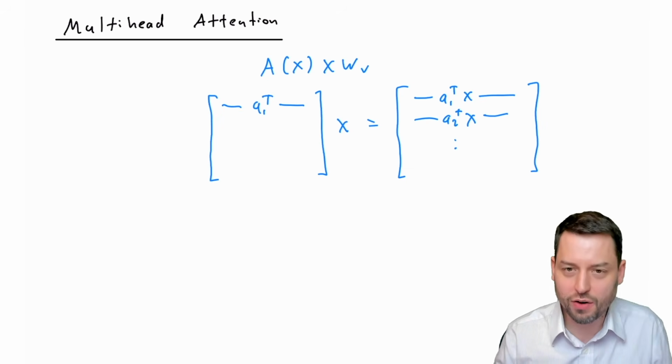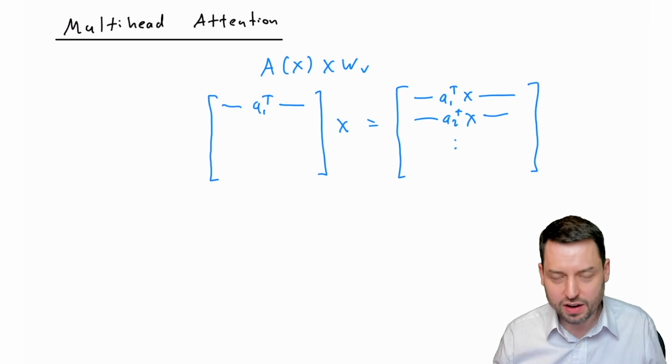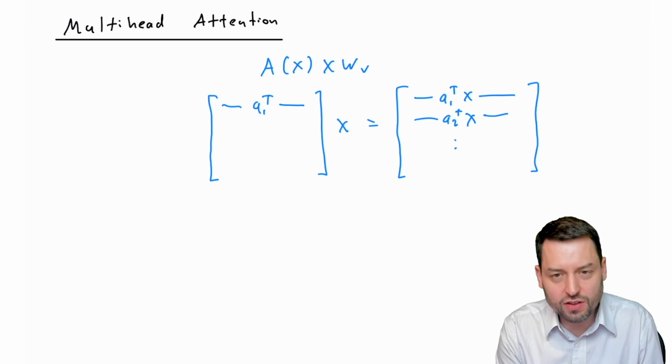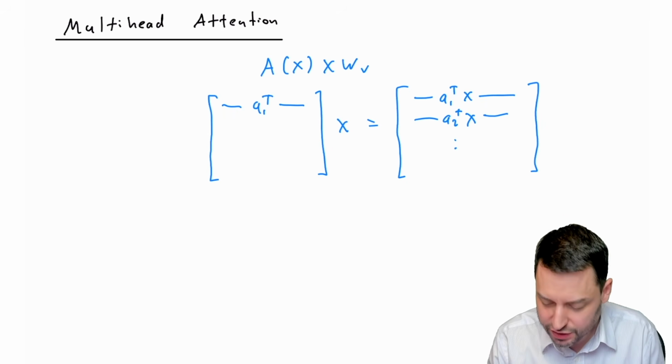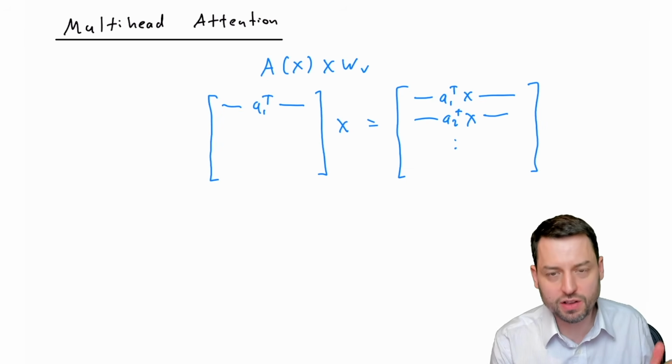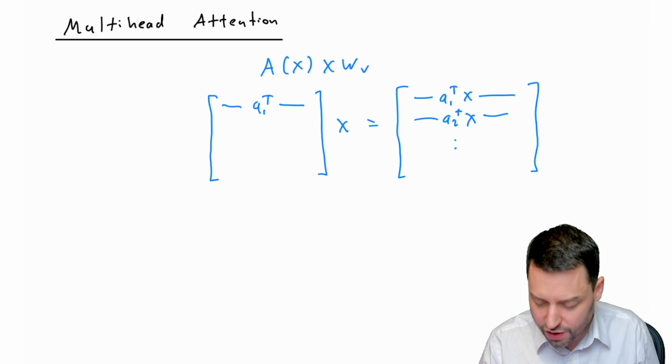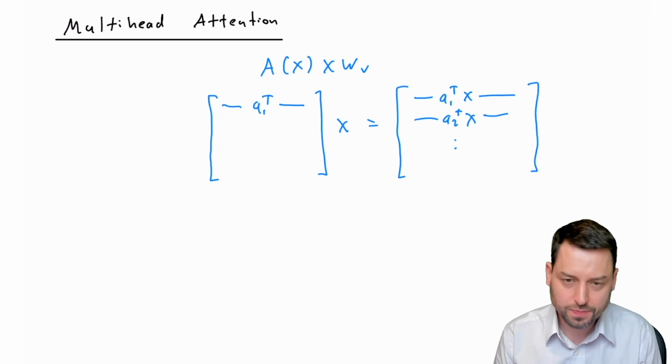So we're mixing together all the rows of X, but these mixings all have the exact same coefficients.